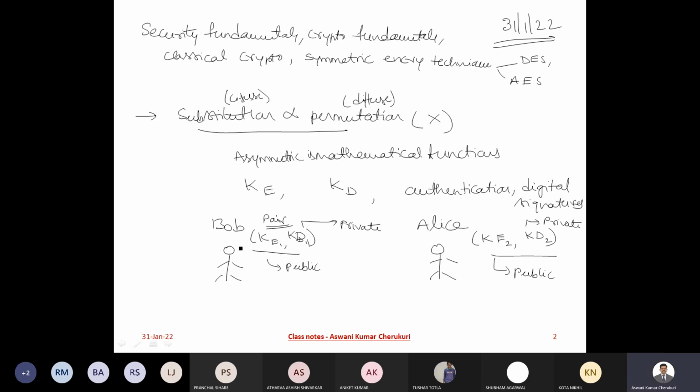Yes, sir. Since we perform the encryption with a key called KE, which is kept public, asymmetric encryption is also known as public key encryption.